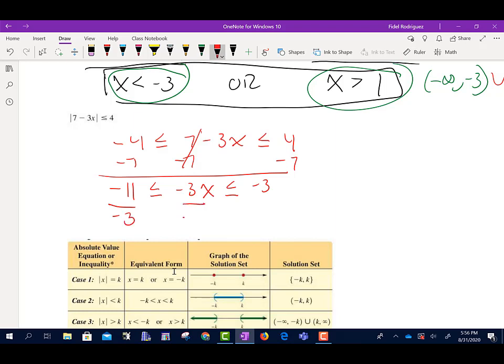Now we are dividing everything by negative 3, right? Okay, so a negative divided by negative is a positive 11/3. Since we're dividing by a negative, that's going to flip over. X, we're dividing by a negative, that's going to flip over. Negative 3 over negative 3 is a positive 1.